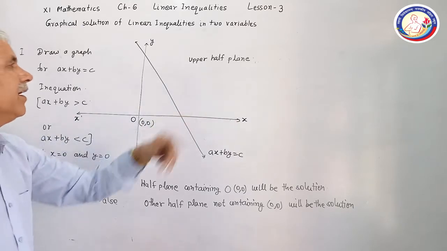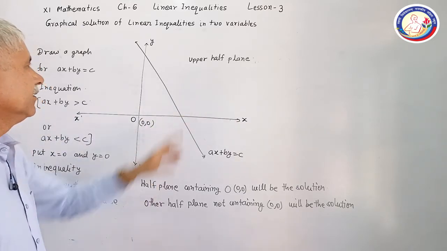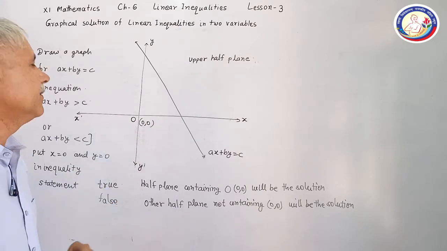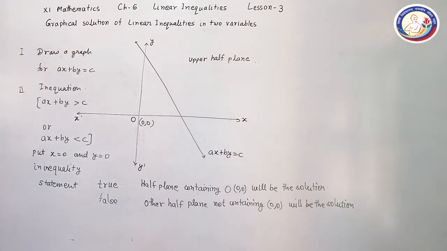It will divide the plane into two half planes. This is upper half plane and this will be lower half plane. Now put the value of x and y in the given inequality, 0, 0.